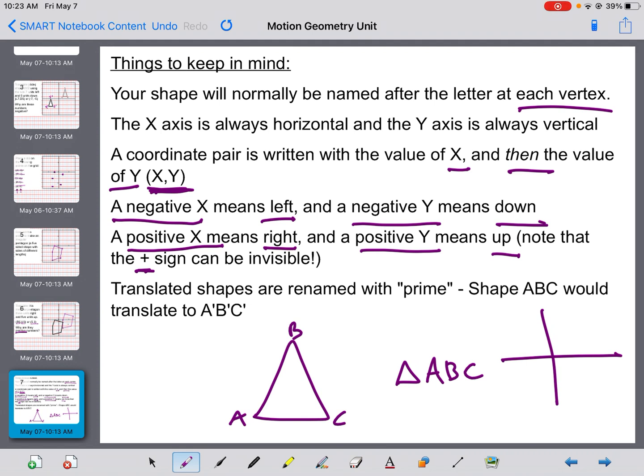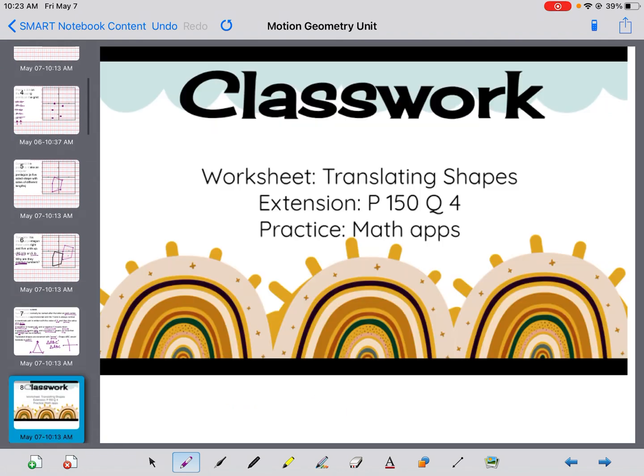The negative sign has to be there. Okay, and last one, translated shapes are renamed with prime. So shape ABC would be translated to shape A prime, B prime, C prime.